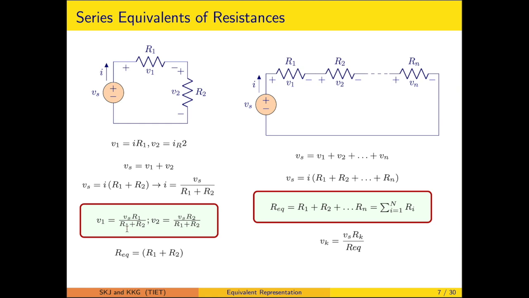If you are calculating V1 and V2, which are the voltage drops across the individual resistors, then that can be easily obtained because you have the expression of current I. So V1 and V2 come out to total the supply voltage Vs. So you can say they are acting as a voltage divider.